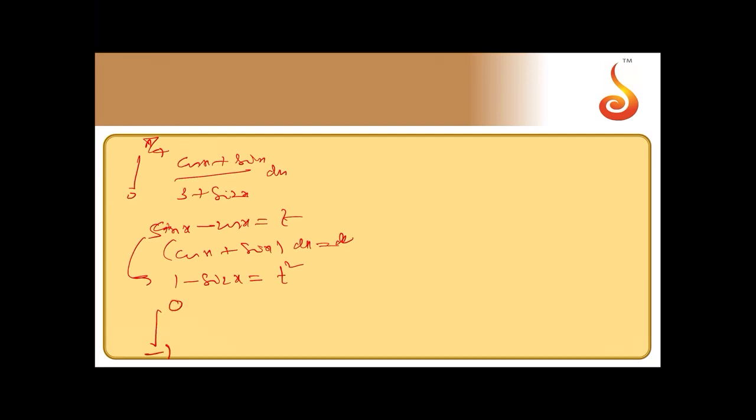So we get dt divided by 3 plus 1 minus t square, which is nothing but 4 minus t square dt. Simplifying with the formula 1 by a square minus x square, 1 by 2a, that is 1 by 4 times log mod of 2 plus t divided by 2 minus t. The limits are from minus 1 to 0.